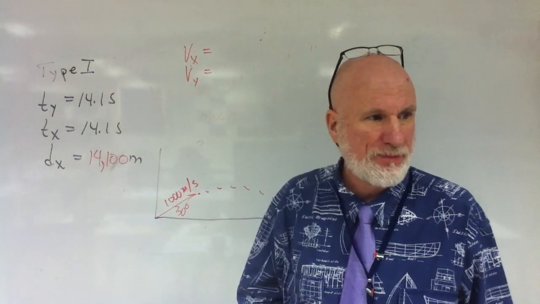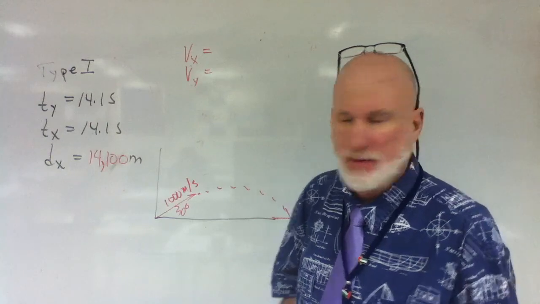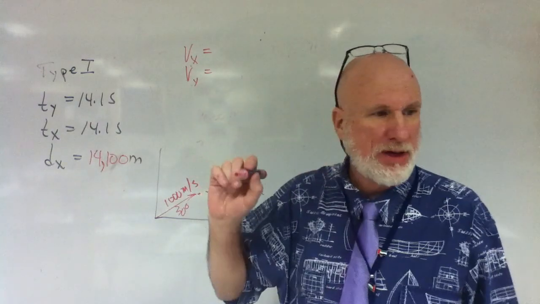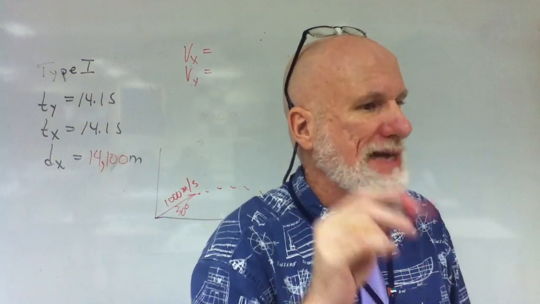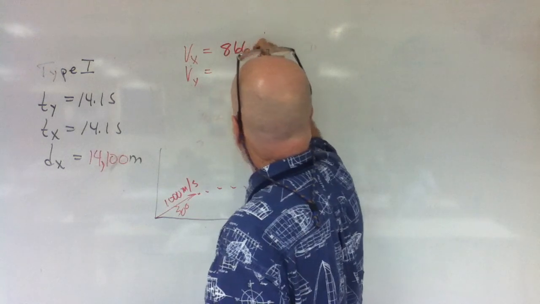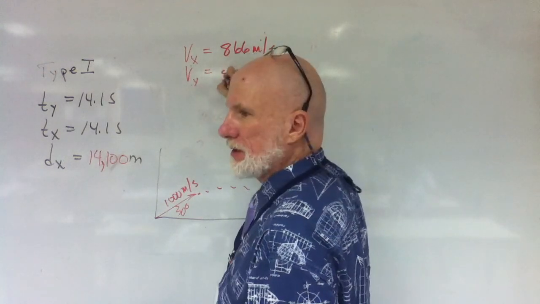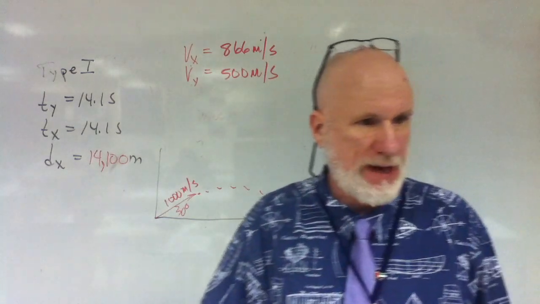Vx is 1,000 cosine 30. But what's that answer? 866. And the other one is 500 meters per second. Correct?